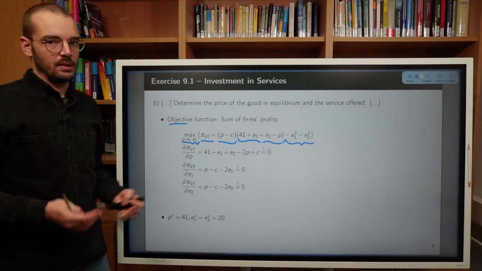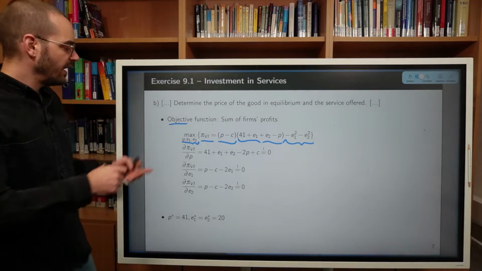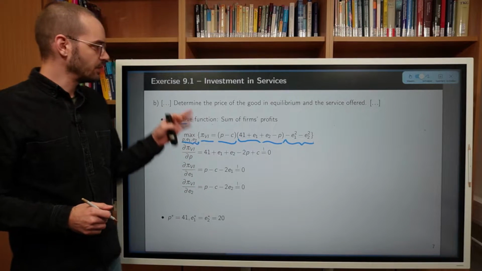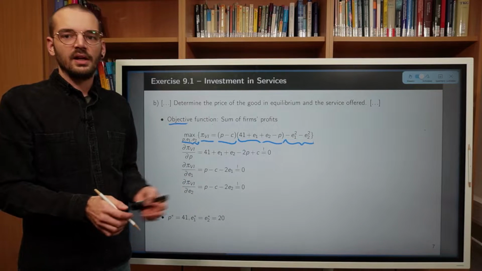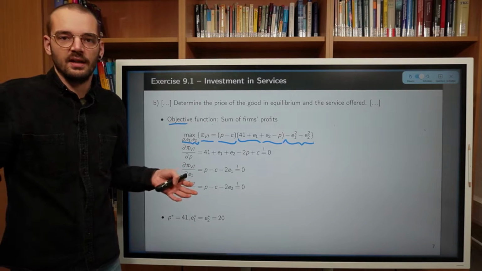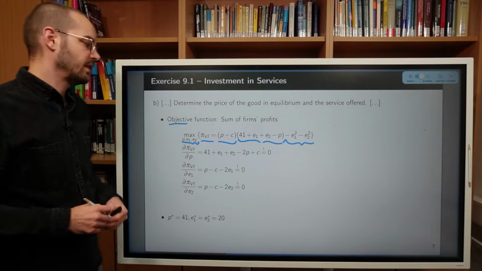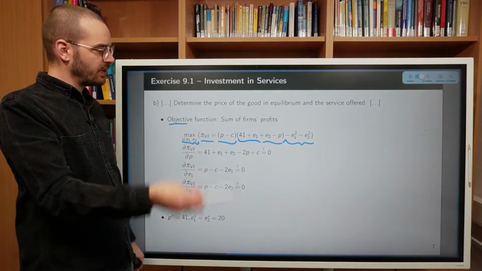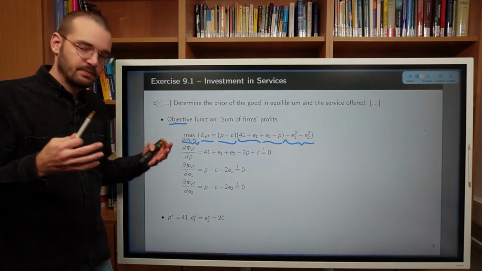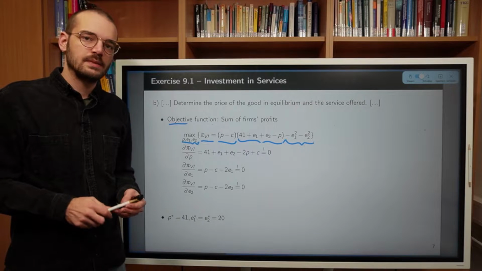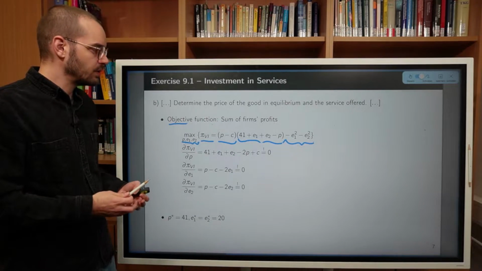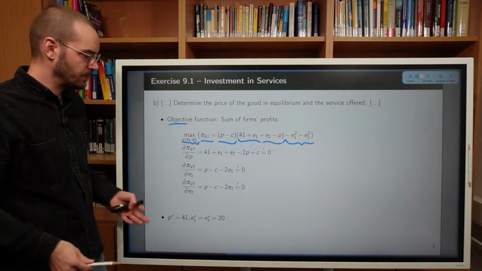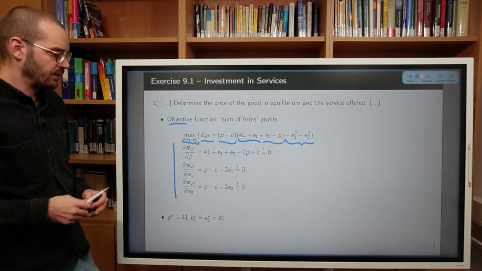The first one is the price it's asking on the market, and the second and third are the respective amounts of services that retail or downstream division 1 and downstream division 2, the two retailers, are now offering to the market. So we have a profit function that depends on these three strategic parameters. If we want to find the profit maximum, we need to calculate the first order conditions of this profit function with respect to each of these strategic parameters, which is done right here on the slide.